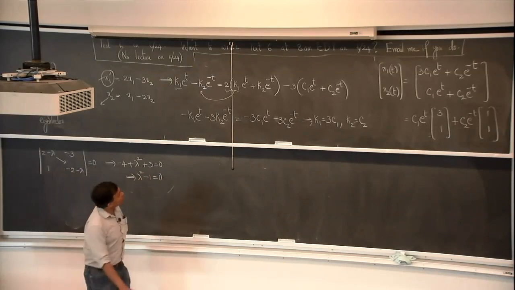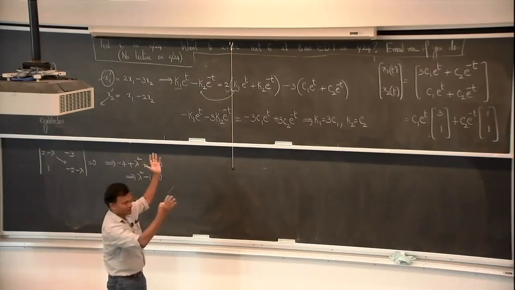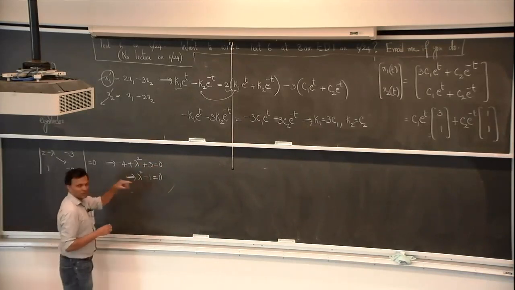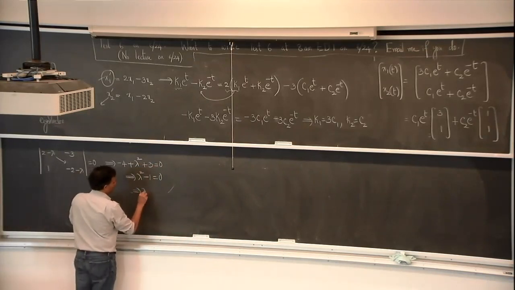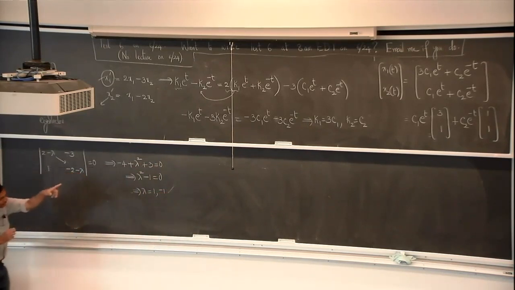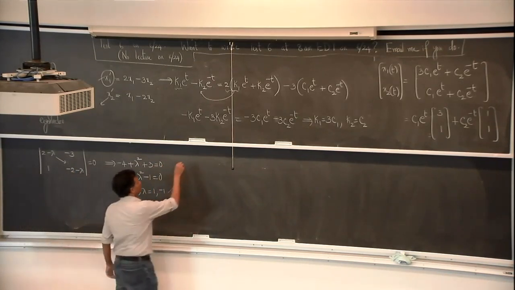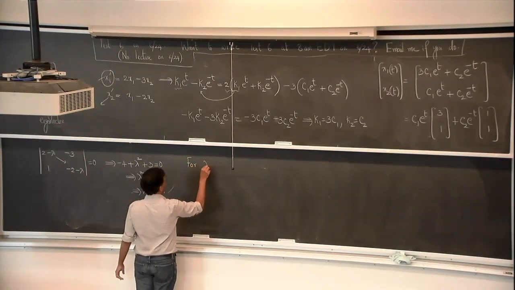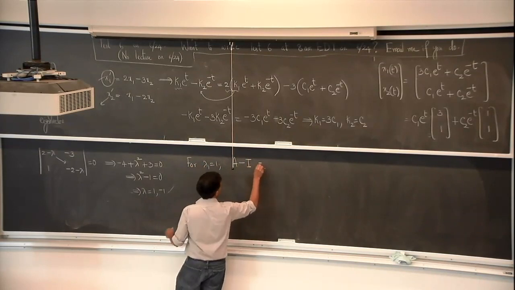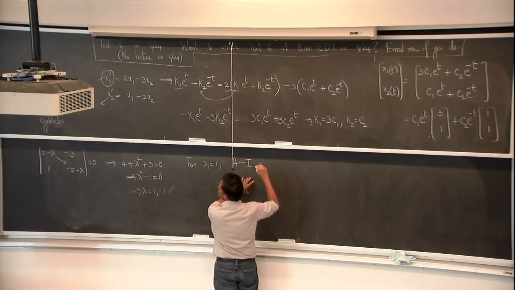Which is what I had somewhere as the characteristic equation for both x1 and x2, right? r squared minus 1 equal to 0. So lambda equal to 1 and negative 1, and you can see the exponents there are actually 1 and negative 1. For lambda 1 equal to 1, A minus I is (1, -3), (1, -3).